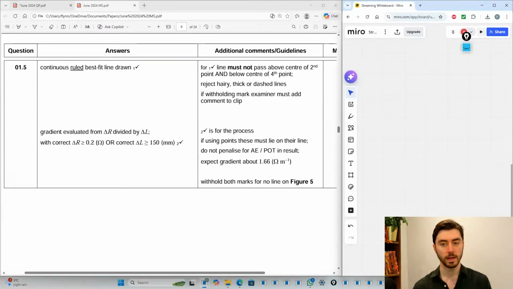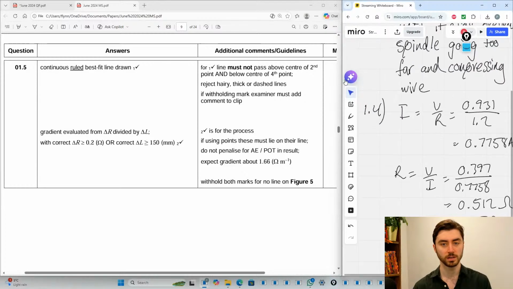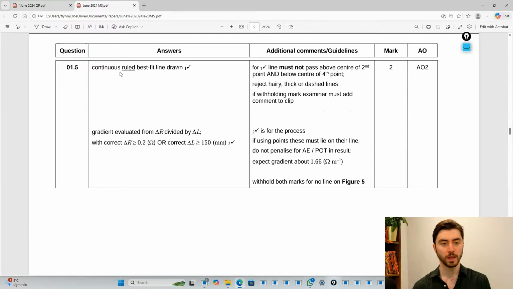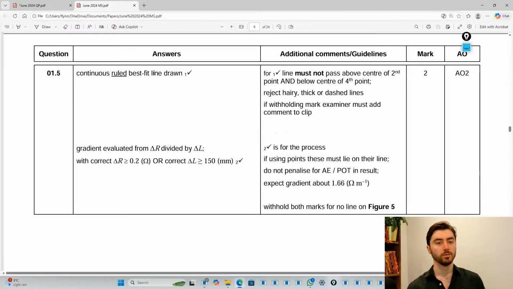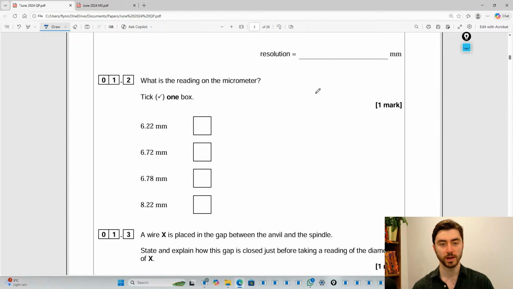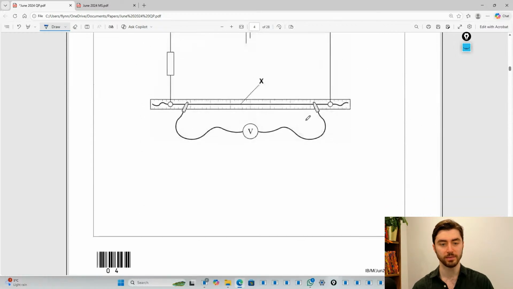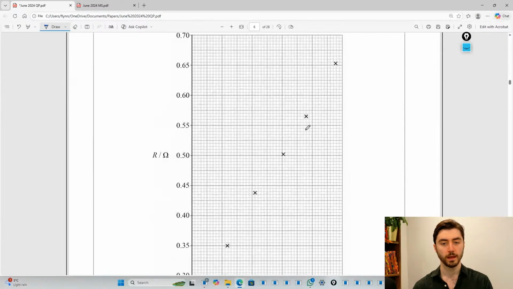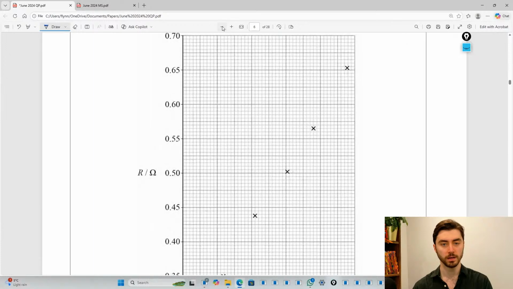And then that was when I transitioned to here directly. So here, ruled line of best fit, gradient evaluated. Now, look at this. So you need to have large values for delta R and delta L. And if I come back to here, I should, if I open this up, still have this on.